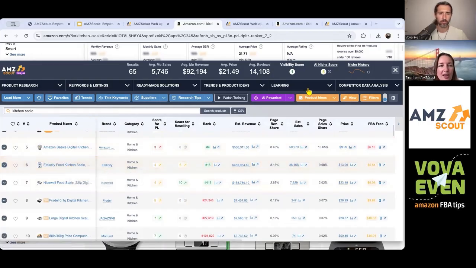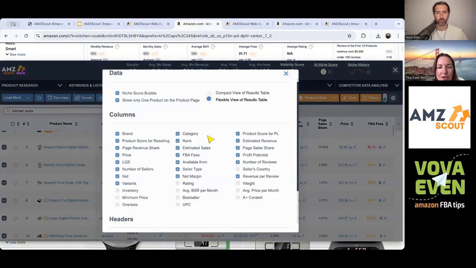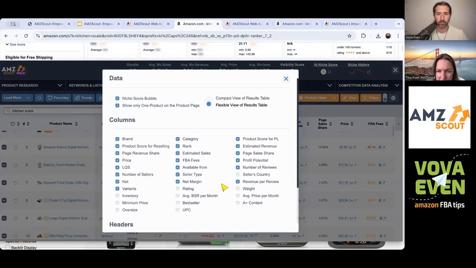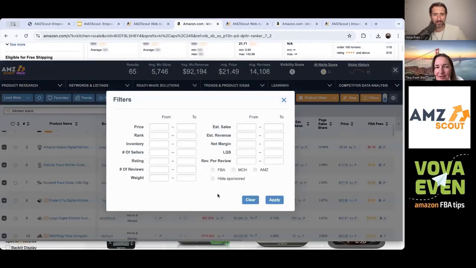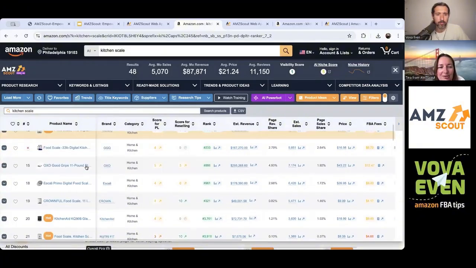What I usually like to do is, sorry, this window covers it, open the filters. Yeah, not in the view, but in the filters. So I'm going to hide sponsored products. I'll apply and they will disappear, so I'll only analyze the organic results.